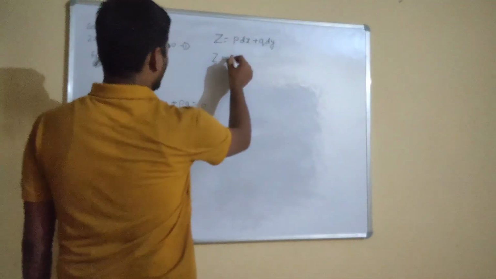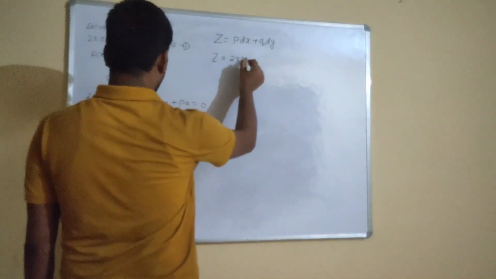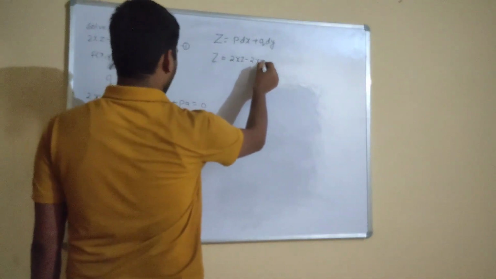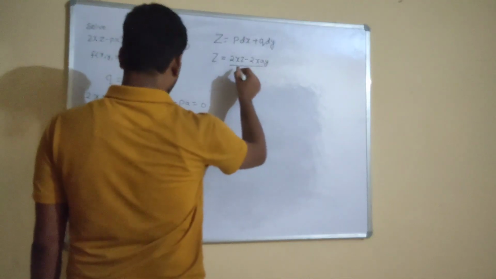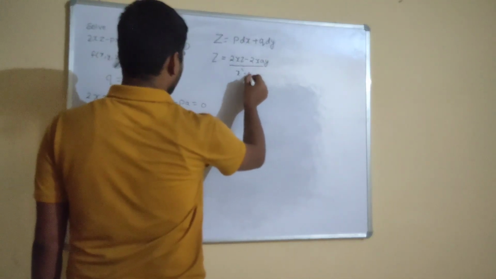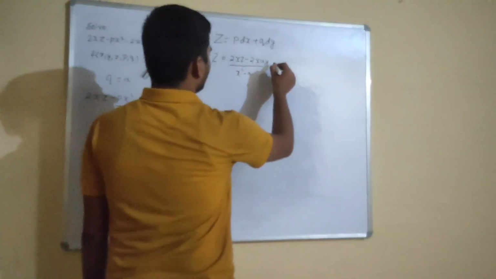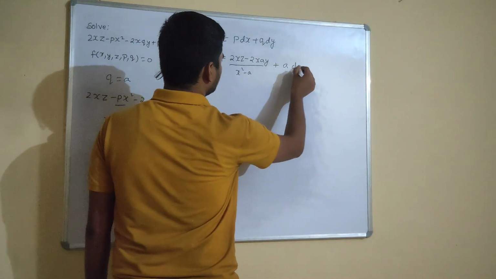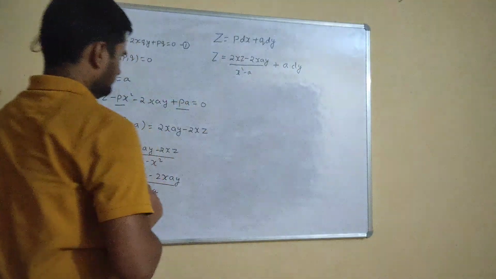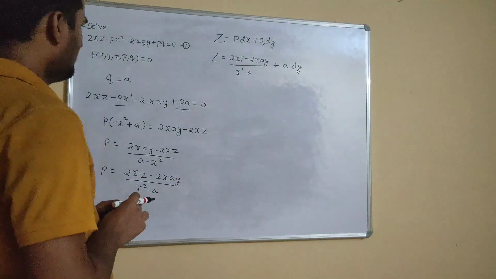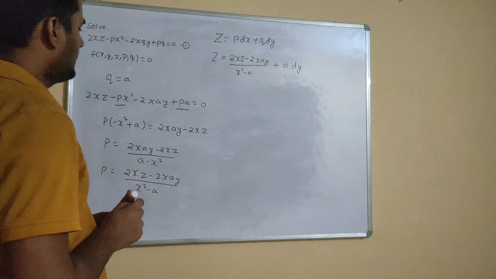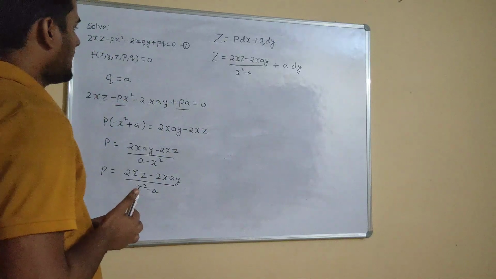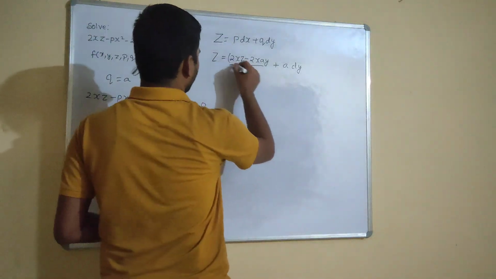That is 2xz minus 2xay divided by x square minus a, plus q is a. Now here with this we'll get a dx.